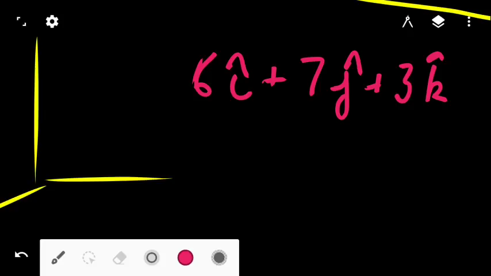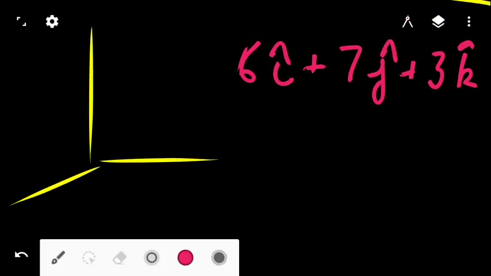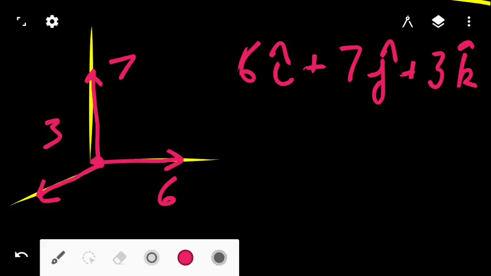This is just an example. This would mean that the vector's x component has a magnitude of 6, its y component has a magnitude of 7, and its z component has a magnitude of 3.